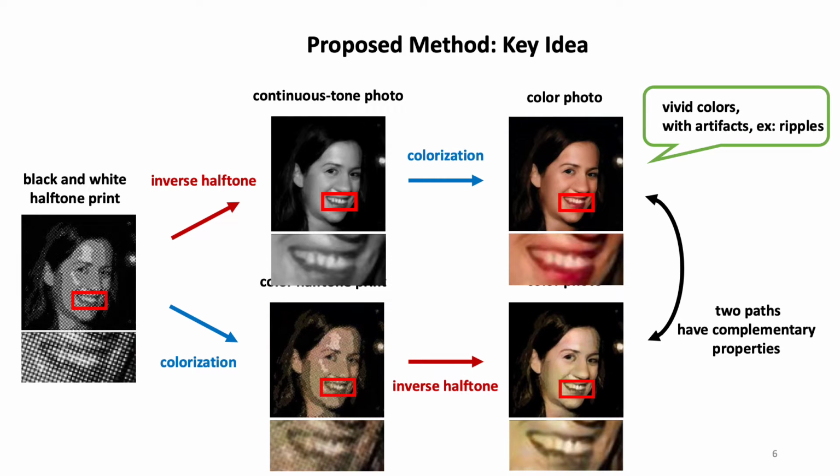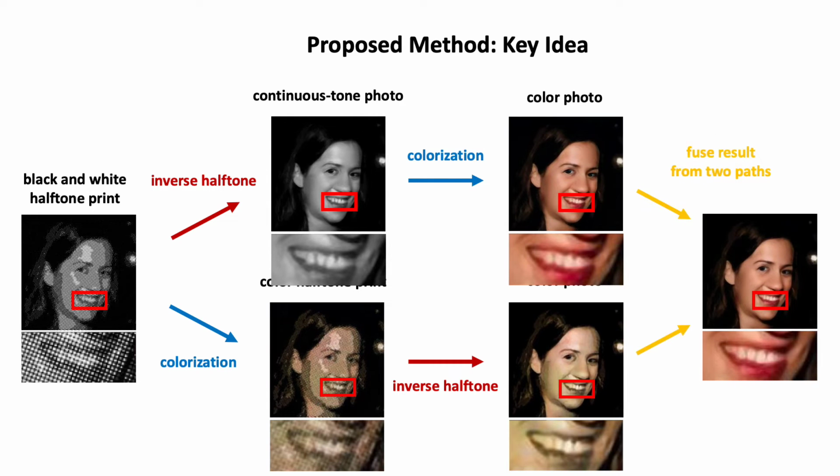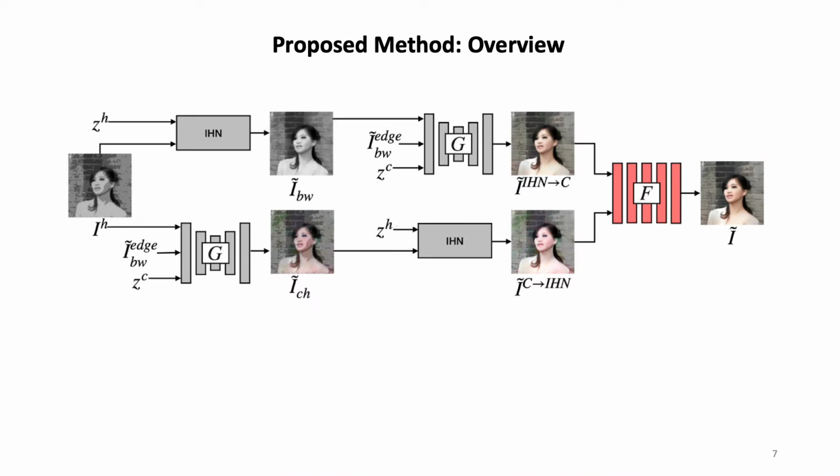The upper one has vivid color but with ripples, and the lower one looks like oil painting but retains obvious borders. Such complementary properties motivate us to design a fusion network for fusing the results from two paths, which brings many advantages, such as detail enhancement, artifact removal, and color tone correction, and finally achieves better results of inverse halftone colorization.